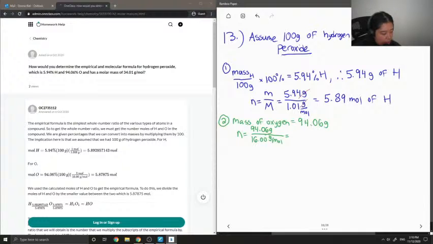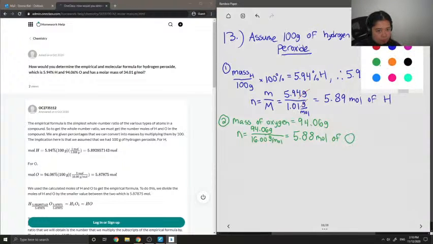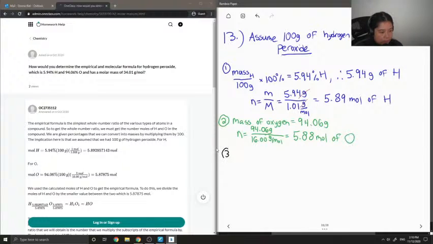And you end up getting 5.88 moles. So those are the first two steps. The third step is to divide by the smallest number of moles. So I'm going to write out hydrogen.